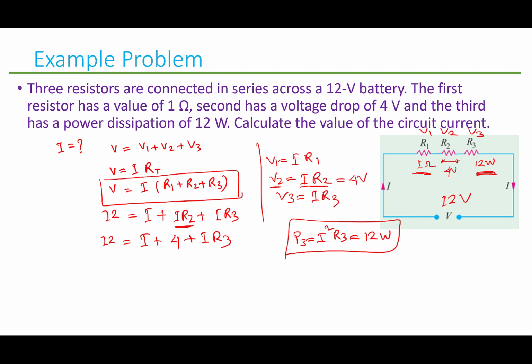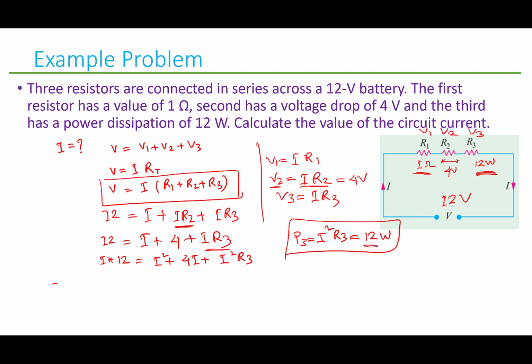So I'll try to replace this with 12 watts, but we have to multiply it with I. So let's multiply I with everything: I squared plus 4I plus I squared R3.